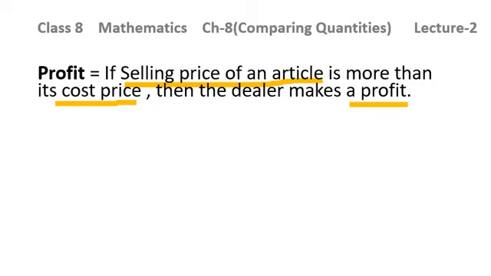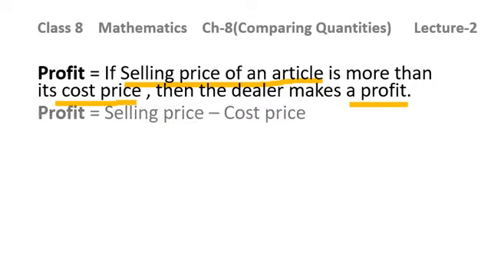For example, if you purchase an article for rupees 100 and sell it to someone for rupees 120, then the selling price is more than the cost price. Definitely you will have a profit of 20 rupees. Simple as this. If the selling price of an article is more than its cost price, the dealer makes a profit.